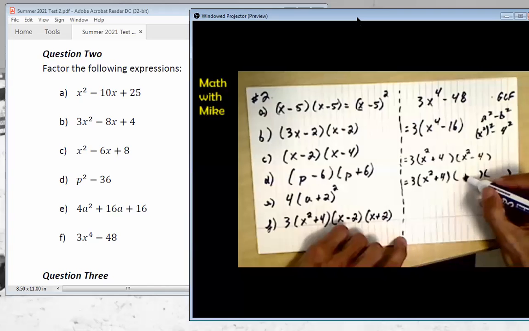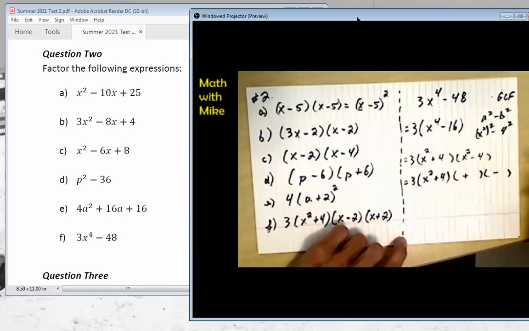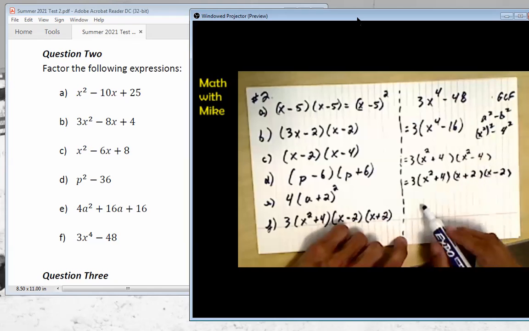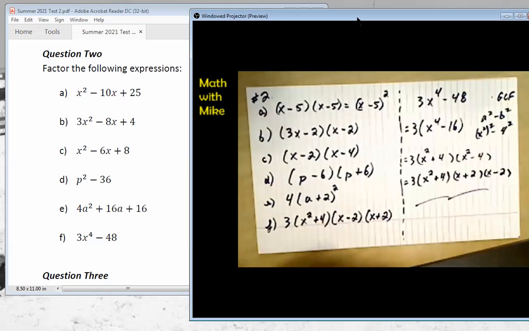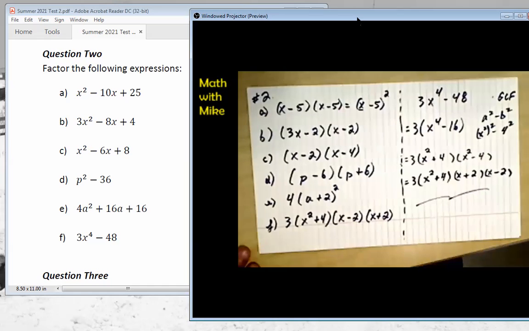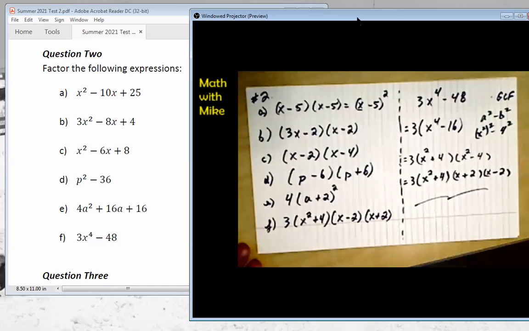Plus over here, minus there. X and an X to give x squared. What's the square root of 4? 2. So it goes there and it goes there. Finished. Okay, so that's how to do question F there.